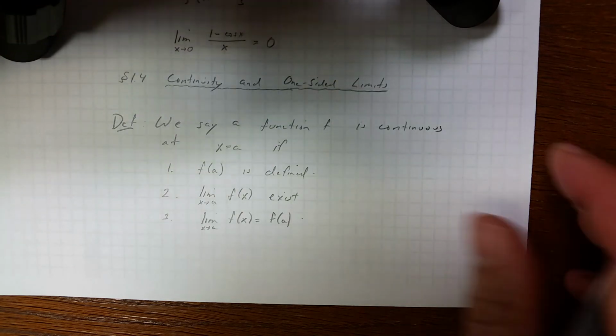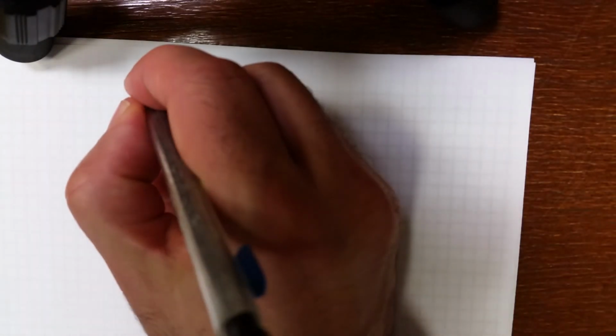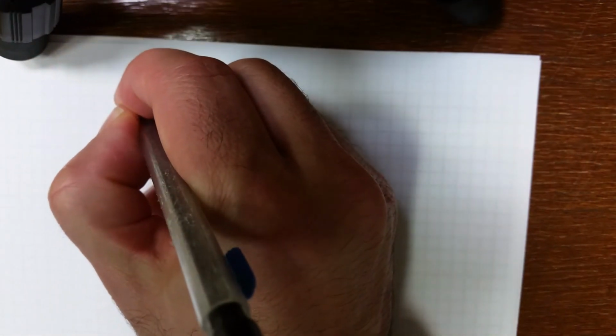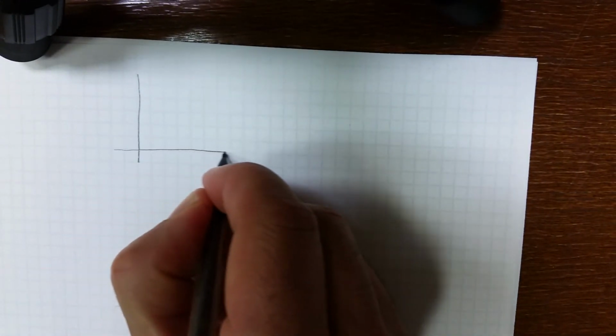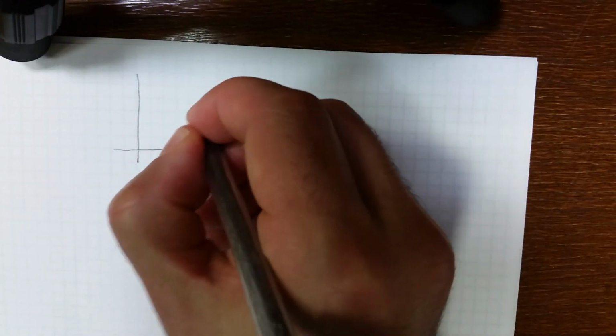Let's take a look at an example visually. Say we have a curve given by y equals f of x. Here is, say, x equals a.